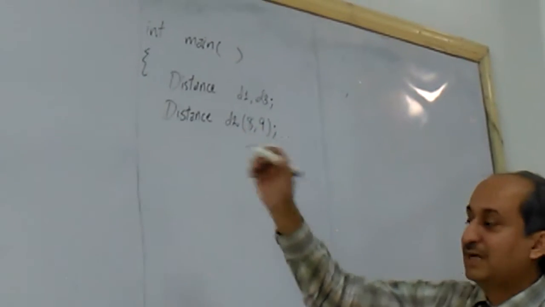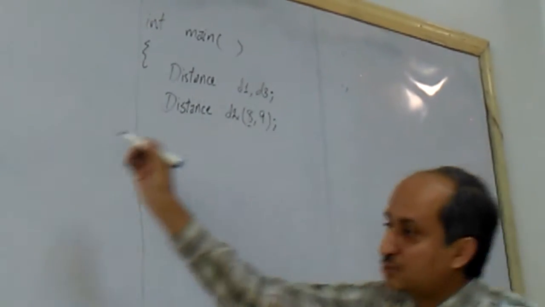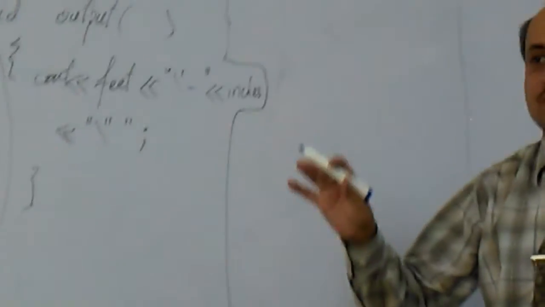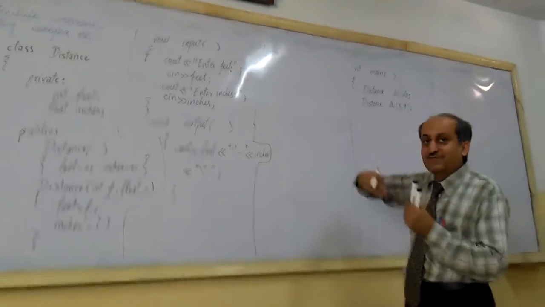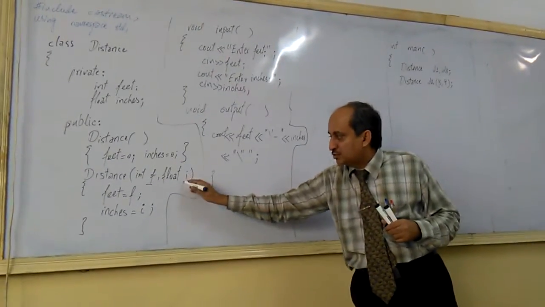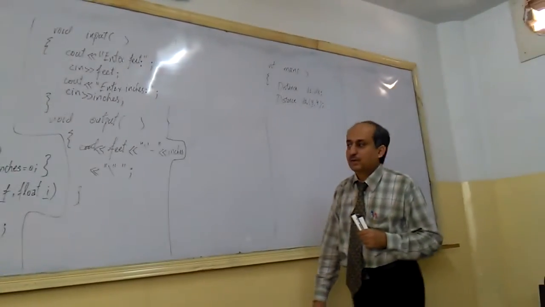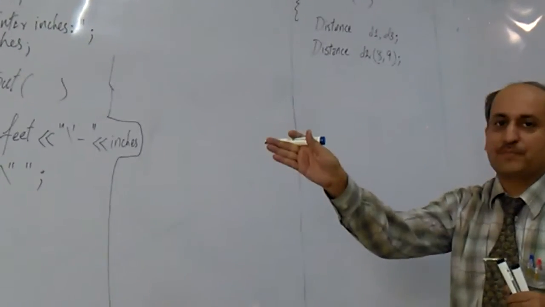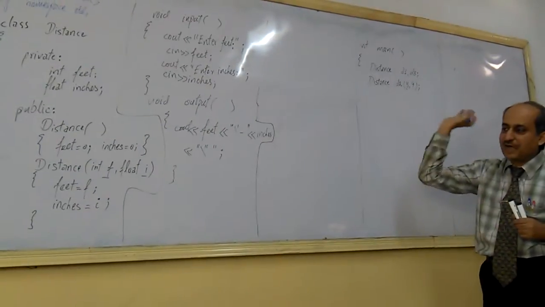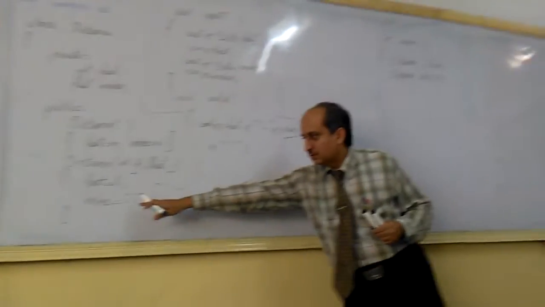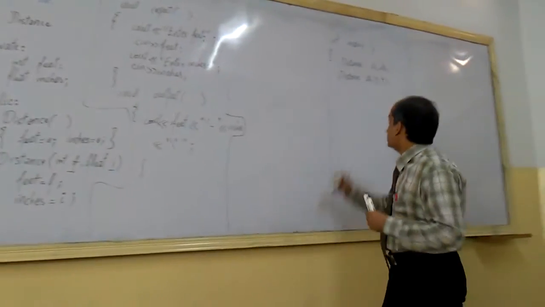How will these values pass? This 8 will pass to F data member in the same sequence. This 9 will pass, although it is integer, but it will internally convert to float and pass to I data member. Value of F, 8, will be copied to feet of distance 2 object, and value of I, that is 9, will be copied to inches.